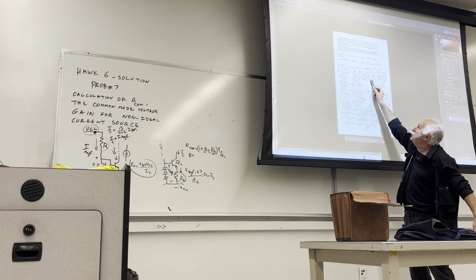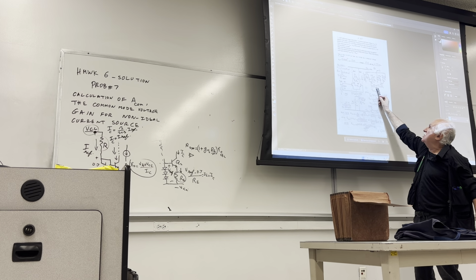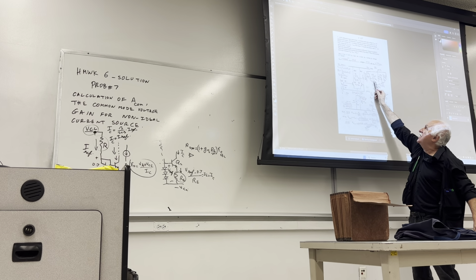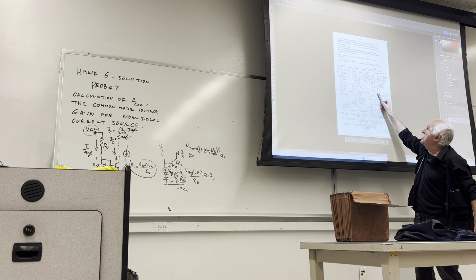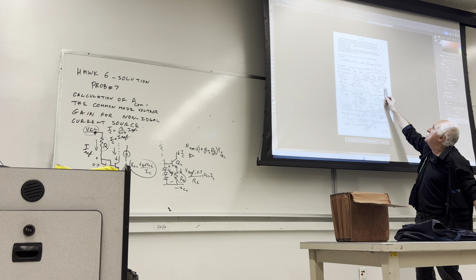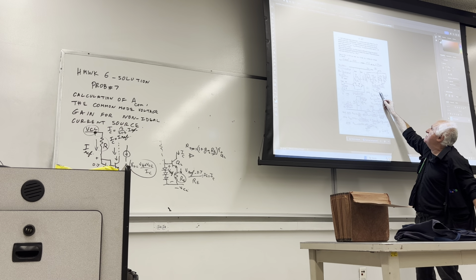So KVL around this loop. VCOM minus R pi IB, you're here. You come over here. You have 1 plus beta IB from that branch, 1 plus beta IB from the second transistor. They combine into 2 times 1 plus beta IB multiplied by RE.